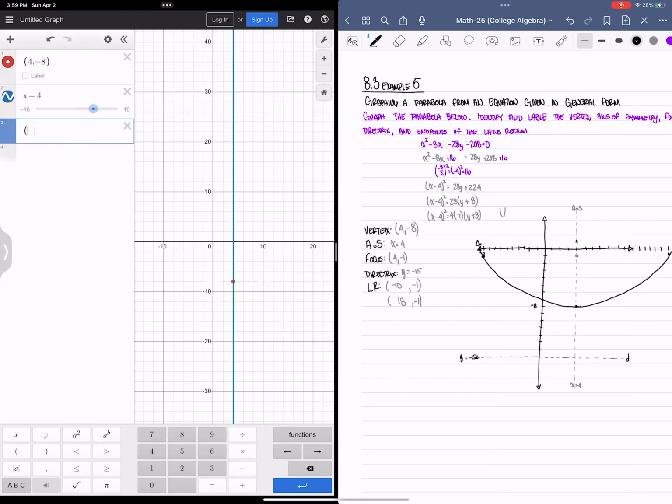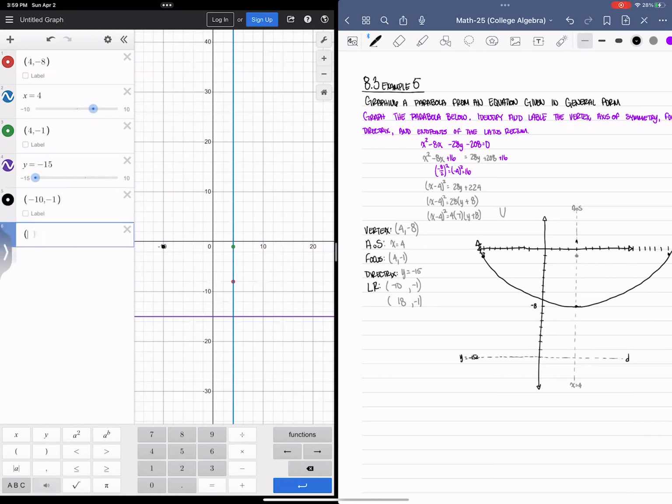We have a focus at 4, negative 1. A directrix at y equals negative 15. We have the latus rectum endpoints at negative 10, comma, negative 1, and another point that makes up the latus rectum, 18 and negative 1.